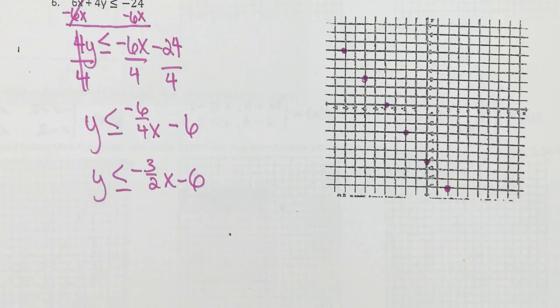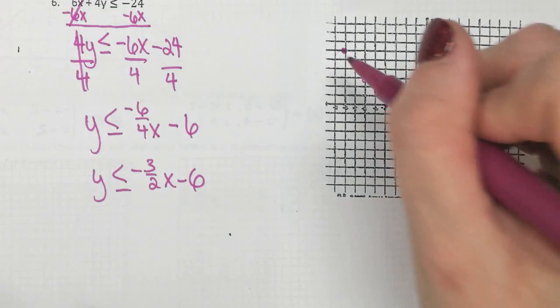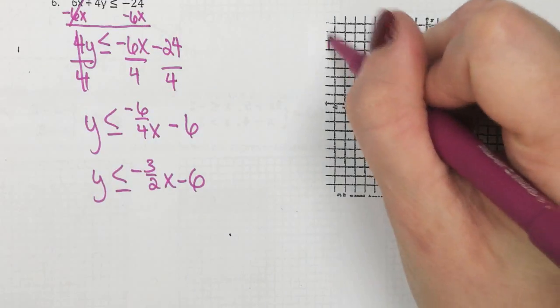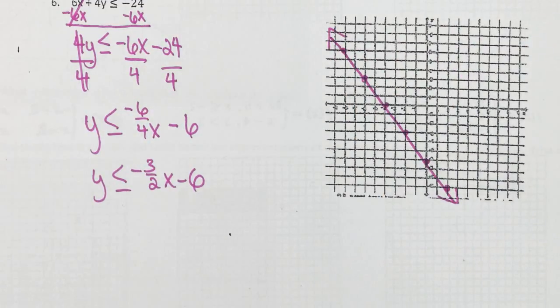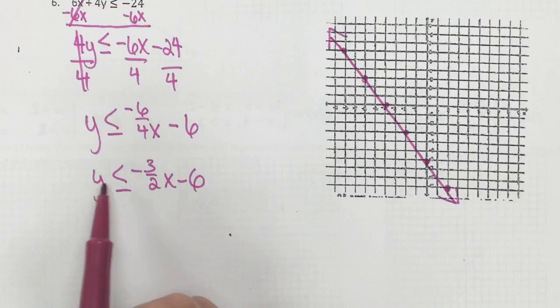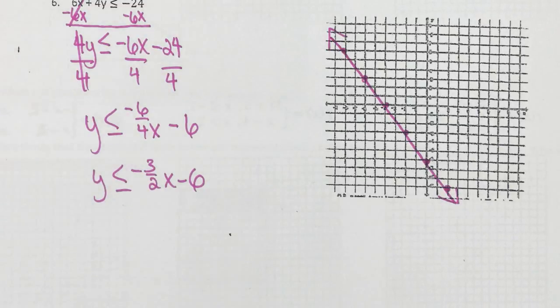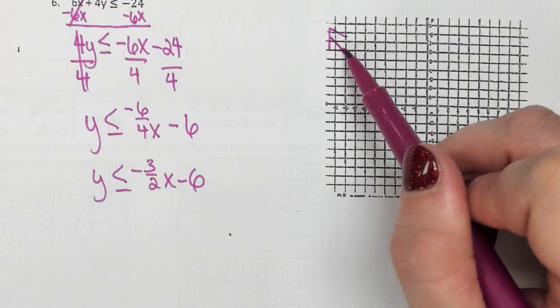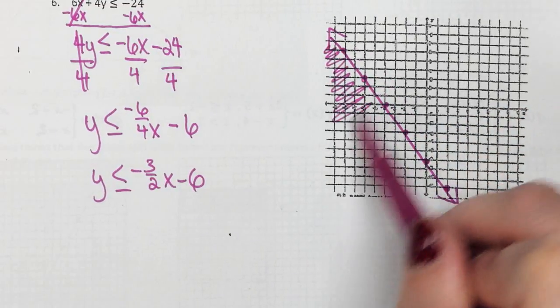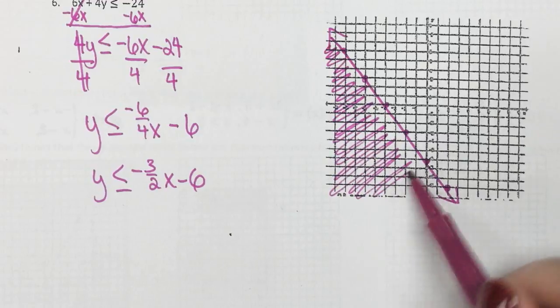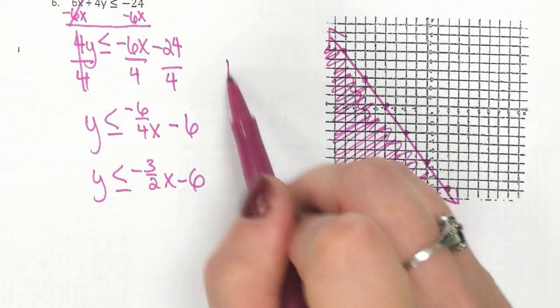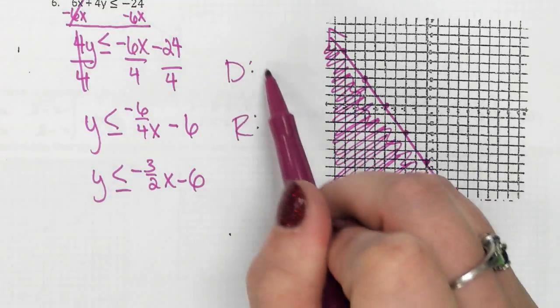All right, open line or closed line? Closed, there you go. You gotta slow down and read. It says y less than. So when it says y, you're thinking up and down. So where's y less than at? Below it. Very good. All right, what about domain and range? There you go.